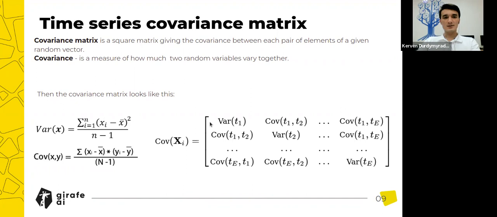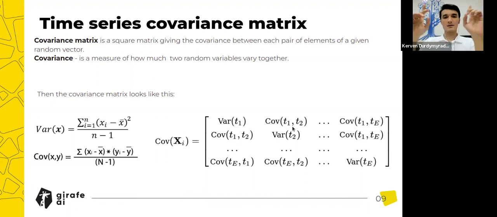The covariance matrix is built in that form. In the main diagonal, we have variances of these signals, I mean, signals from each electrode, and the other elements are, as you can see here, the covariances of these signals.